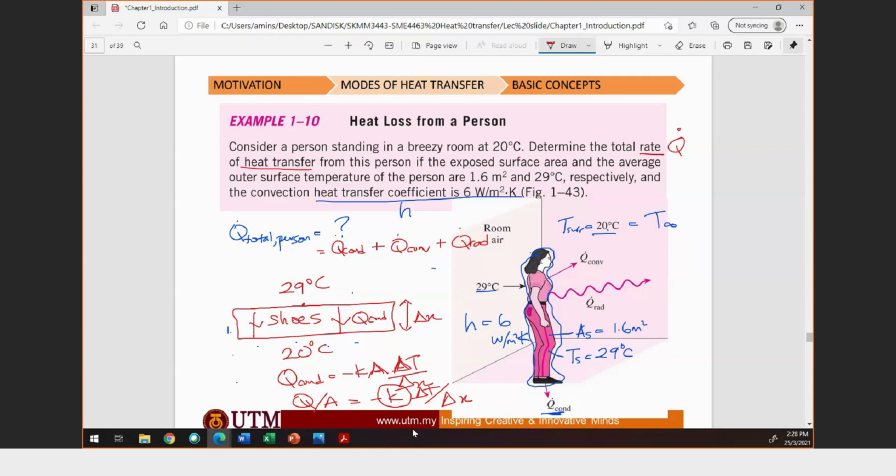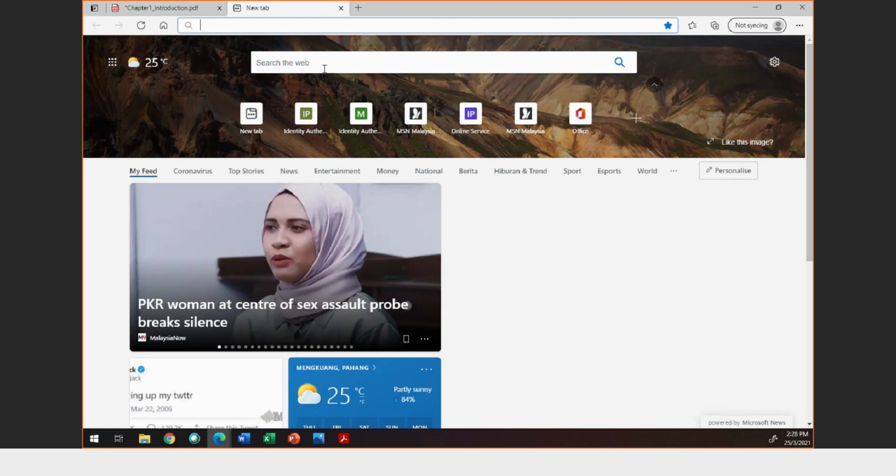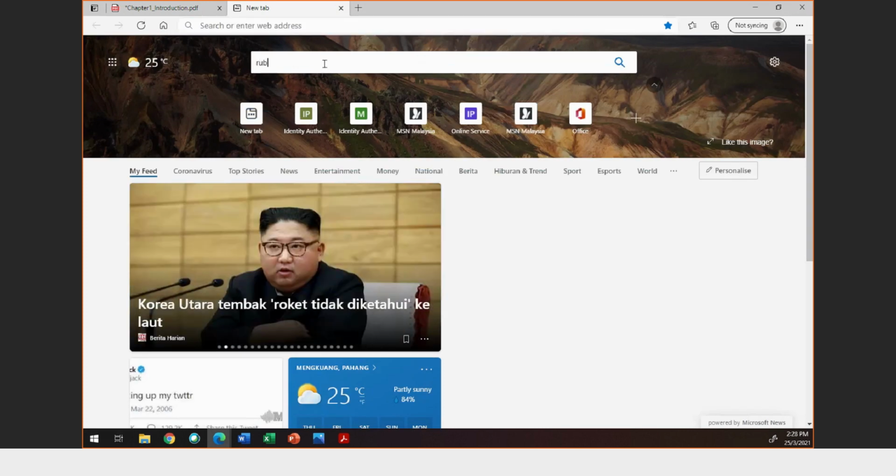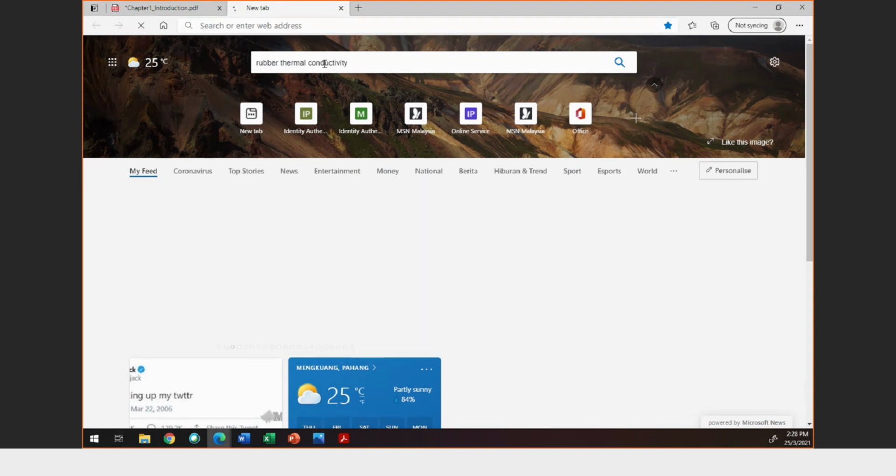So I have this one here in the table. You can find the thermal conductivity for rubber. In fact, we can find it from the textbook.